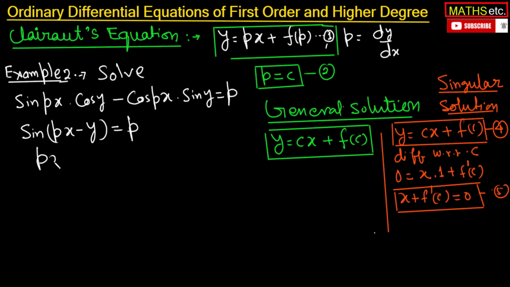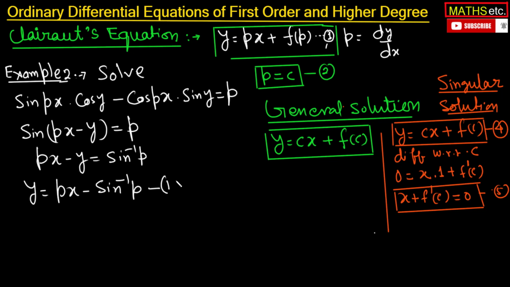So this will become px minus y equals to sine inverse p. And further simplifying, this will become y equals to px minus sine inverse p. So this is clearly Clairaut's equation, y equal to px minus some function of p. In this case, the function is minus sine inverse p, right?